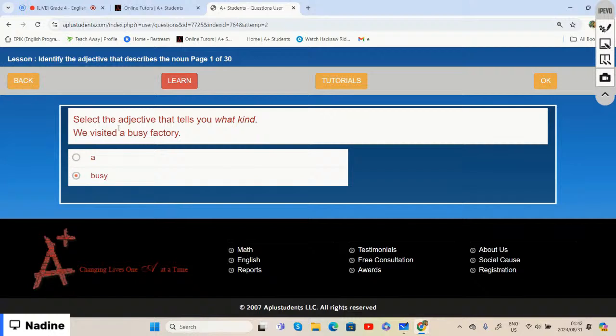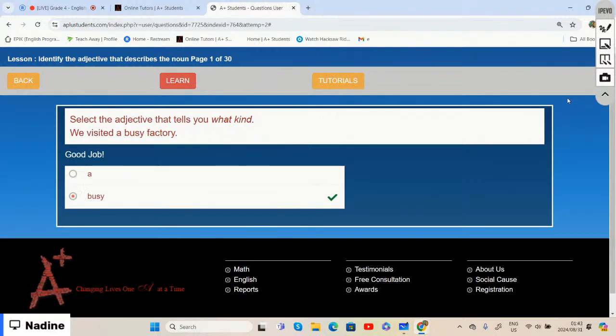Because even if we were to remove busy, we would have said that we visited a factory, but now we're describing the factory by saying a busy factory. So busy, option two, yes, well done, is correct.